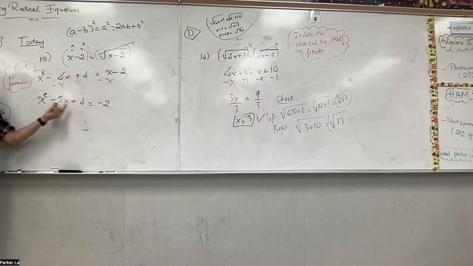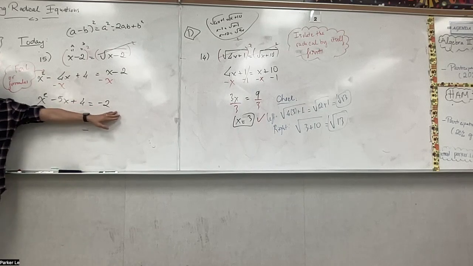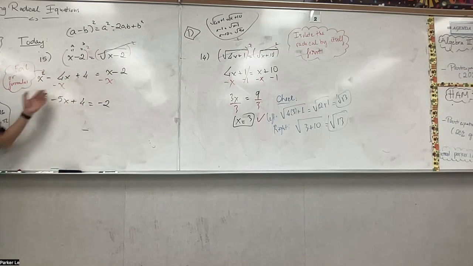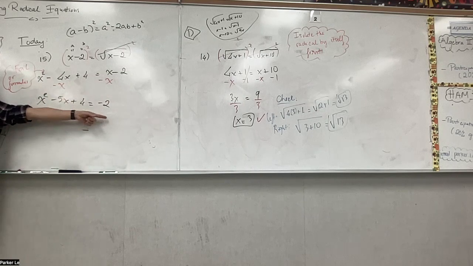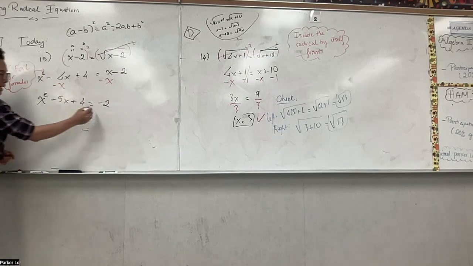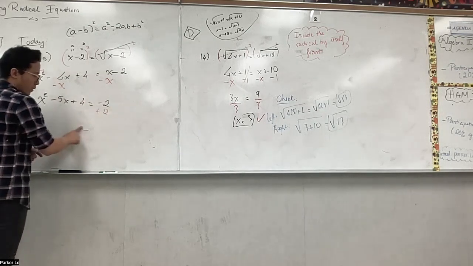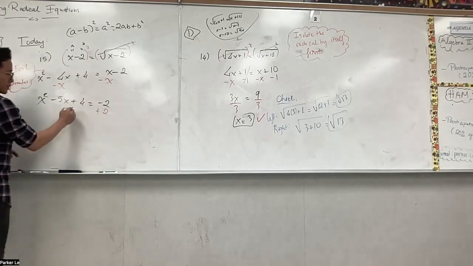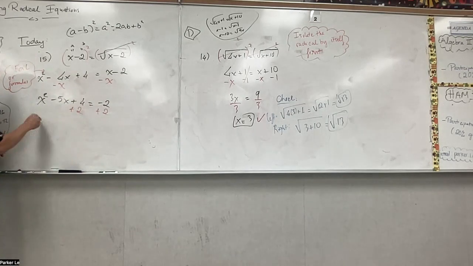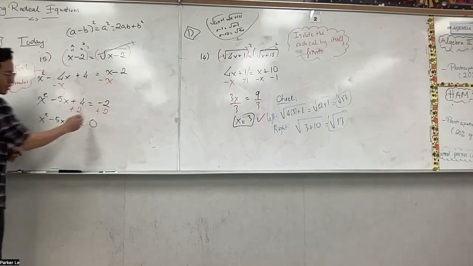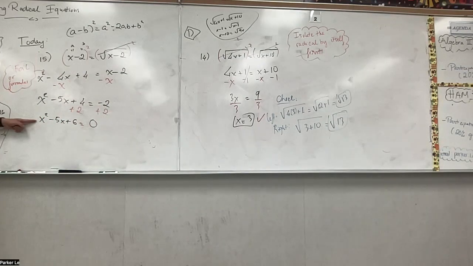If you subtract 4, you're gonna have another number right here. Remember, we have the square, you need one side to be 0. So to get rid of minus 2, you need to add 2. All right, so we have x squared minus 5x plus 6. Now, do you remember how to solve this?